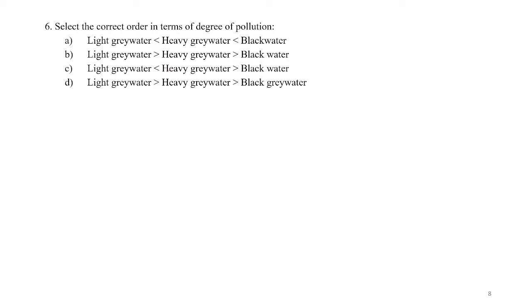Option C, light grey water less than heavy grey water greater than black water. Option D, light grey water greater than heavy grey water greater than black water. Which could be the correct answer? Any guess, anyone? A. Yes, A is the correct answer.